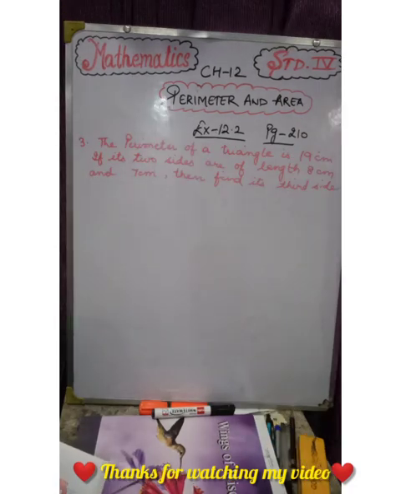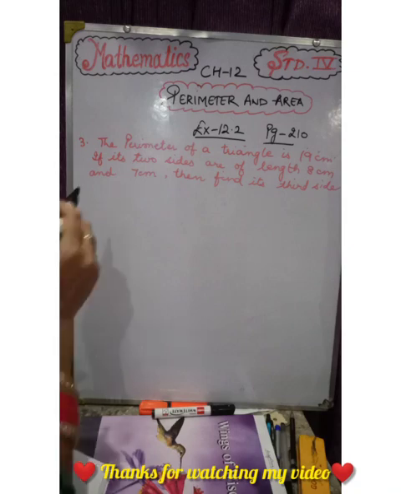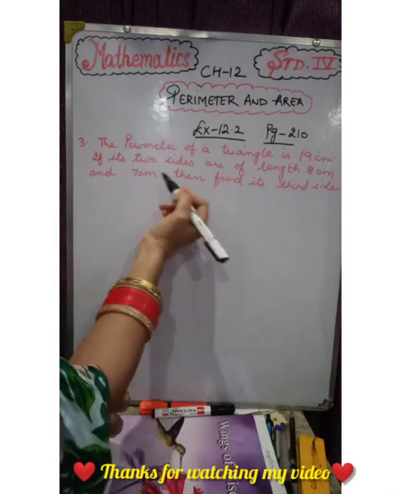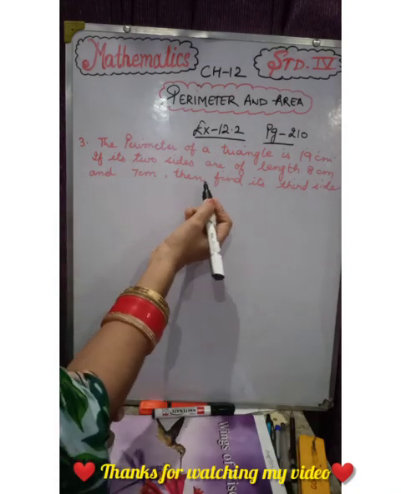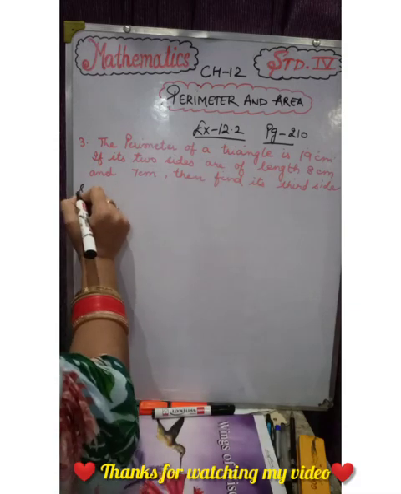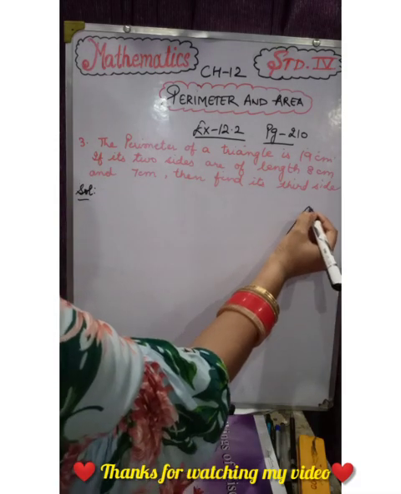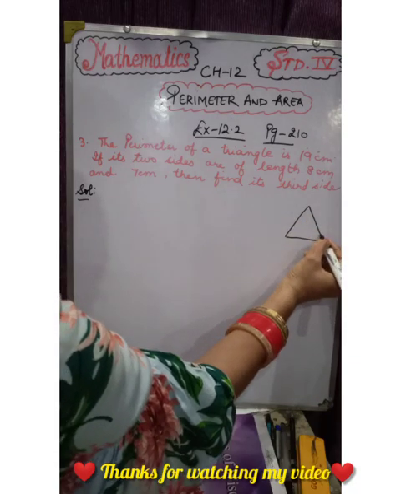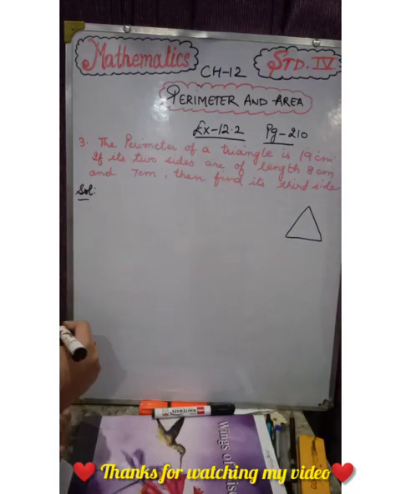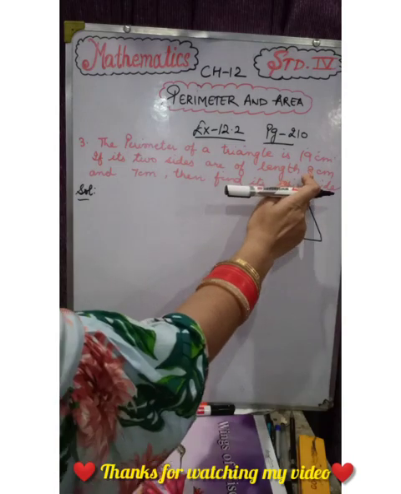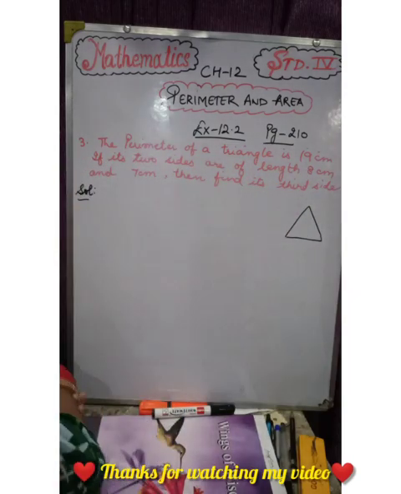Third question is, the perimeter of a triangle is 19 centimeter. If its two sides are of length 8 centimeter and 7 centimeter, then find its third side. As we have discussed, always in a triangle there are three sides. Two sides are given, third side we need to calculate.